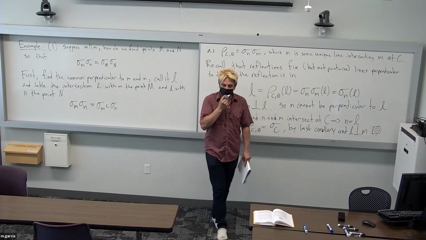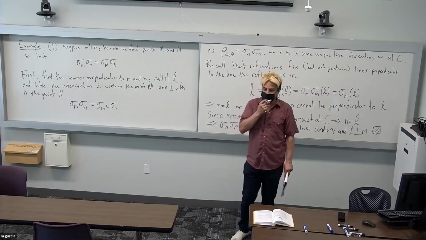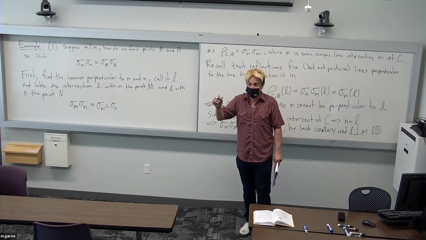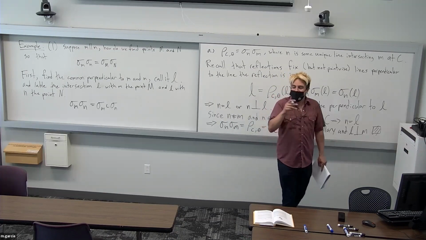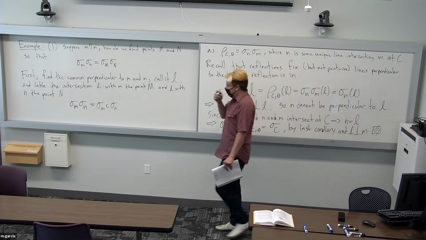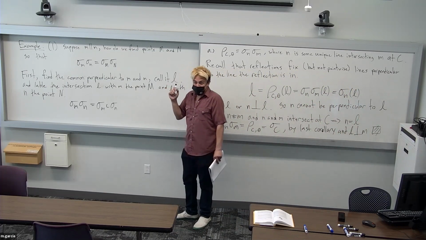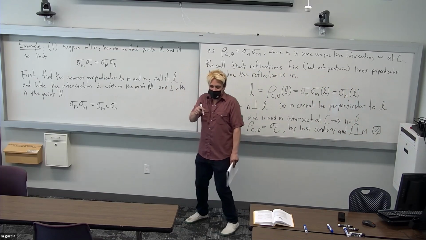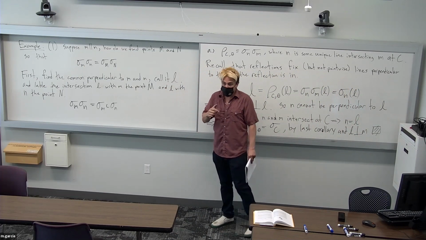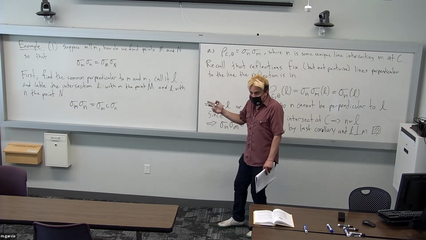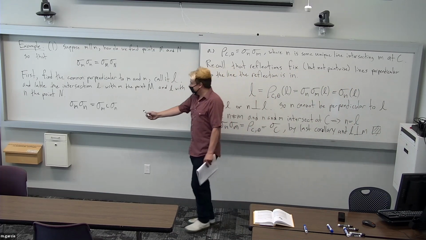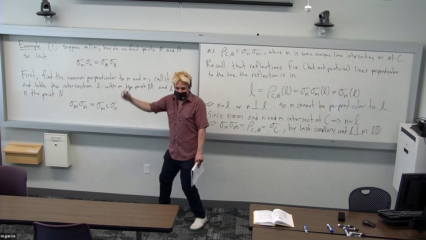What's the condition for that? They have to be perpendicular. Good. If we're reflecting over L itself twice, then, yes, a reflection is an involution. So we can rewrite iota as sigma L sigma L.